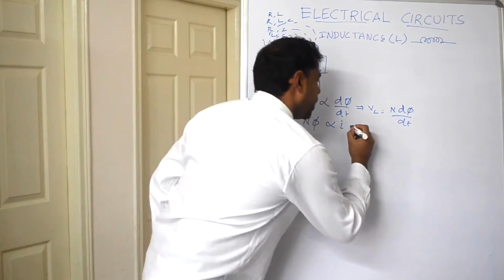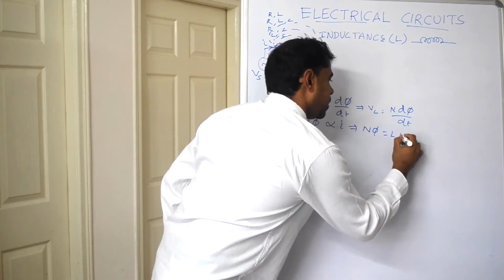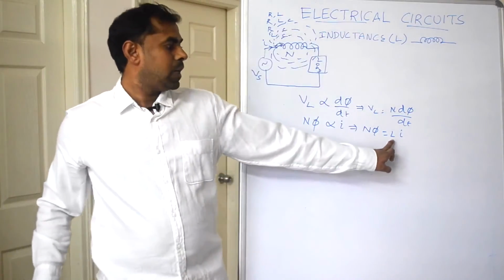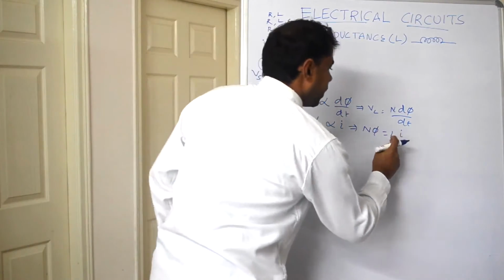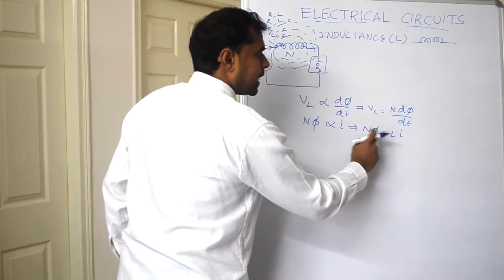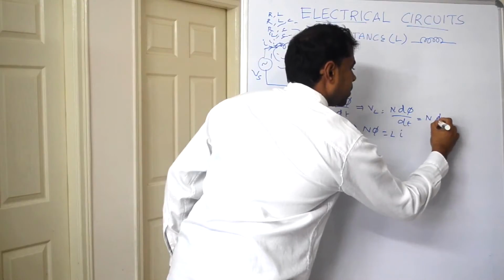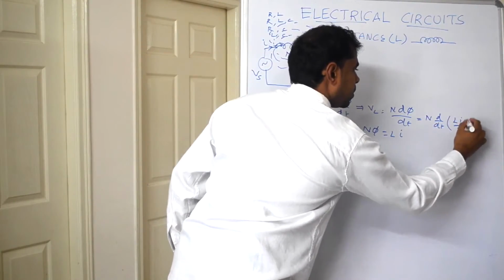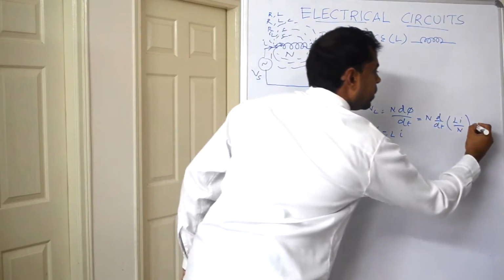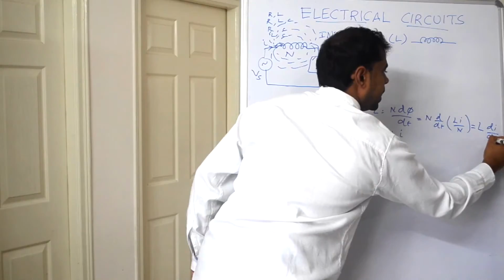If I apply the constant of proportionality, the constant of proportionality is L, which is known as inductance. If I substitute phi as Li by N, this n gets cancelled. It will be L, a constant, into di by dt.